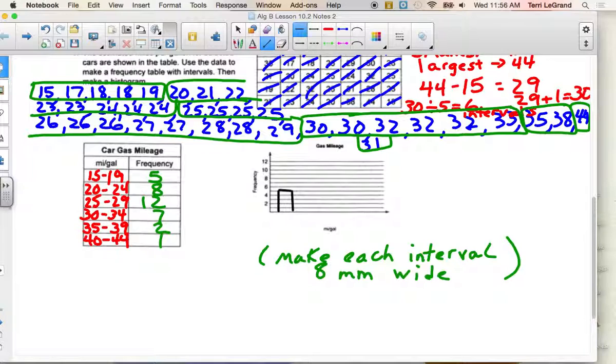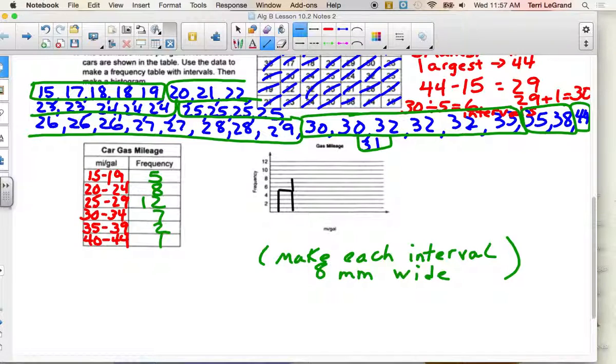So there's the interval for the 15 to 19 miles per gallon. Now, there are going to be no gaps in this. You're going to use the side of that bar to start your next one, and extend it up.